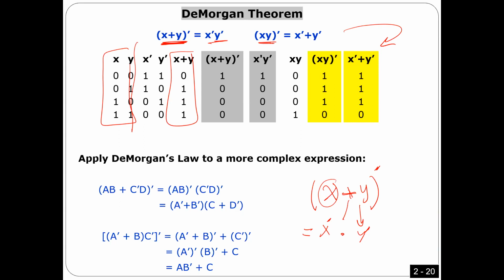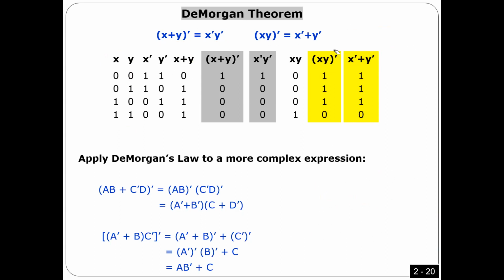The last thing, just less than 1 minute, just to finish this slide. Guys, I want to tell you something very important. I know it's a little bit confusing, but I want to clarify it. Look here: for example, I explained X plus Y complement. In reality, this X can be something like AB, and Y can be something like C prime D. Still, you can apply the same theorem.